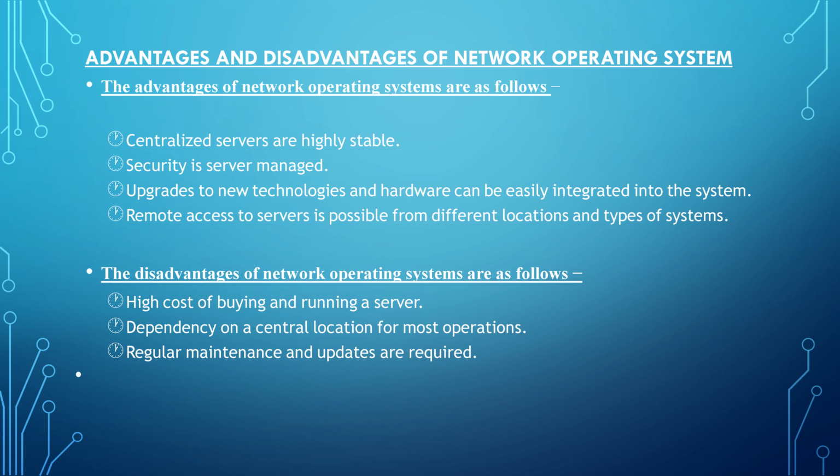Another advantage, remote access to servers is possible from different locations and types of system. We proceed to the disadvantages of network operating system. Number one, we have high cost of buying and running a server. Number two, dependency on a central location for most operations. Regular maintenance and updates are required.